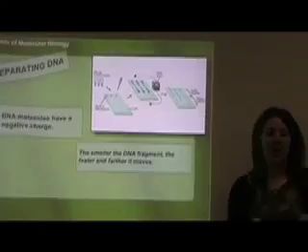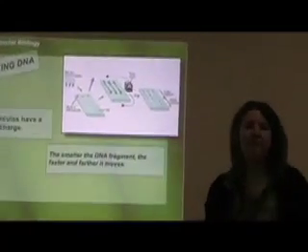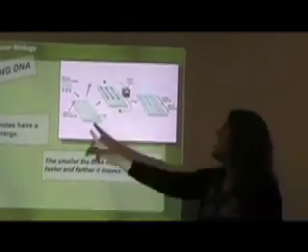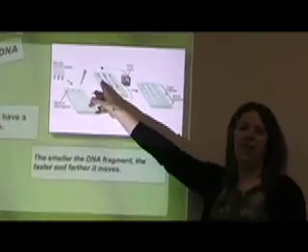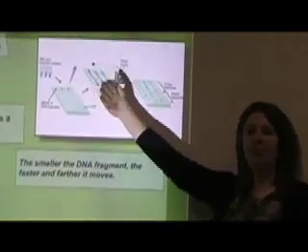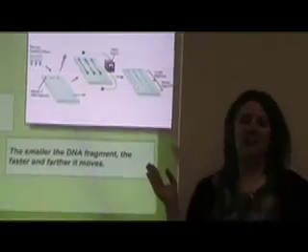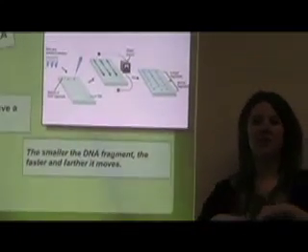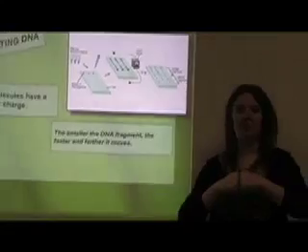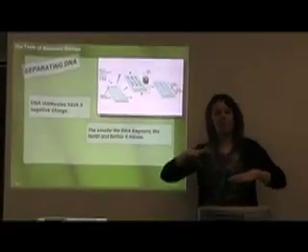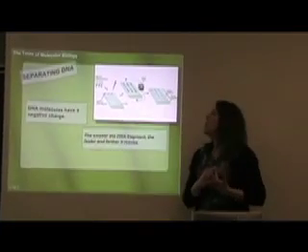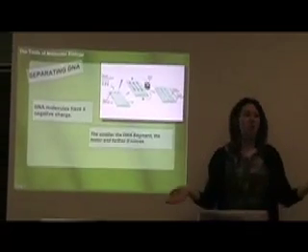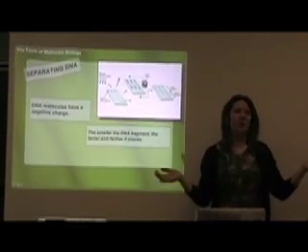Now, DNA molecules have a negative charge. They're going to be put down at the negative end, and they're going to be pulled towards the positive end. Okay, they want to go towards the positive end because we don't want two charges right next to each other that are the same. When that happens, larger fragments are going to go slower.